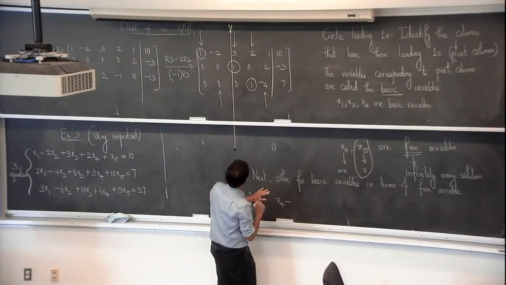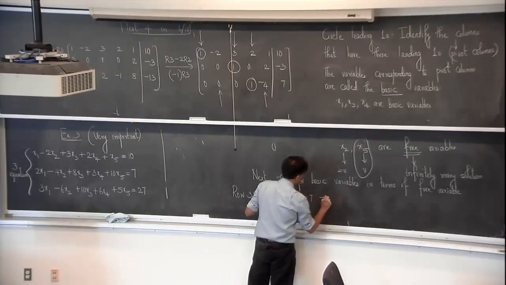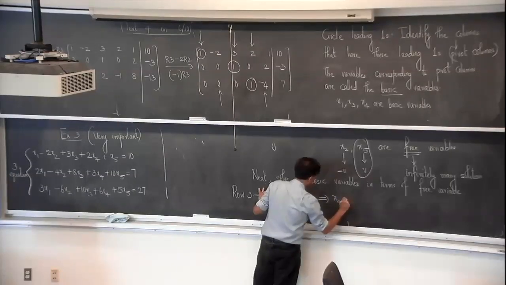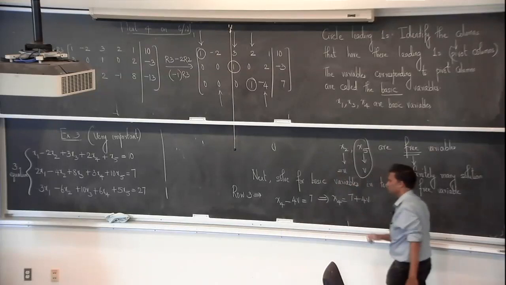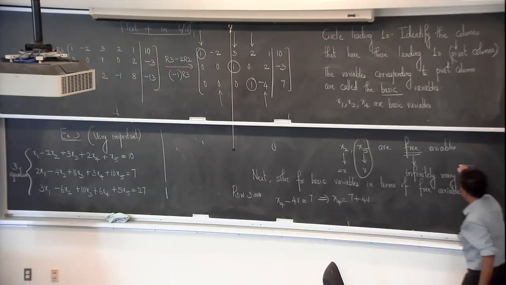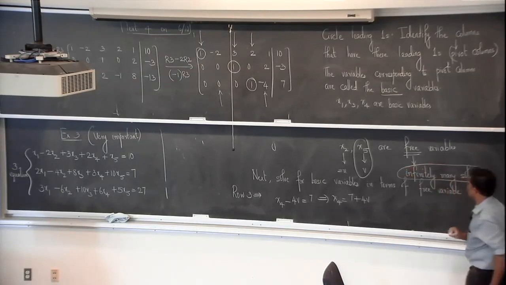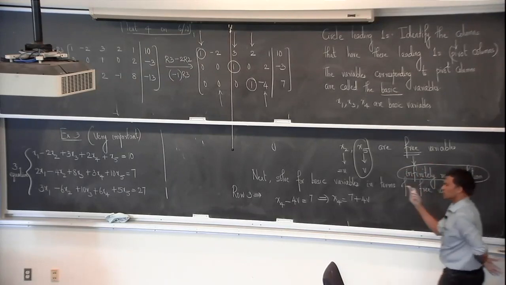So x4 minus 4v equal to 7. So x4 equal to 7 plus 4v. V is free, which means you can take any value. It could be 0, negative, positive. It's infinitely many solutions here. Go to row 2.